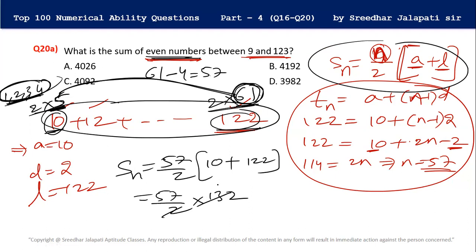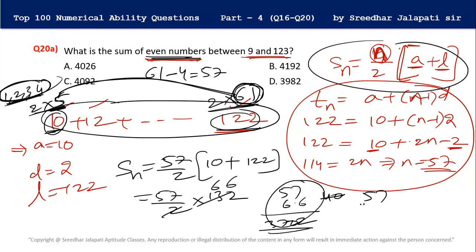If I simplify, this is 66 times 57. On multiplication, 66 sevens, 360 and 402, and 66 fives, 300, 330, 3702, right? Let me check the multiplication once again. 57 into 66, 66 sevens is 420 and 462.